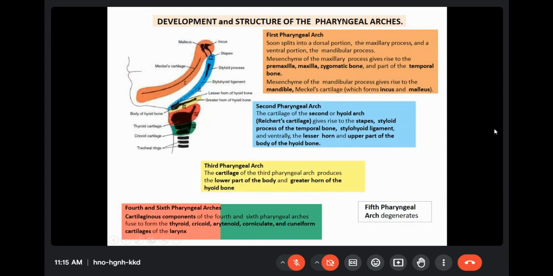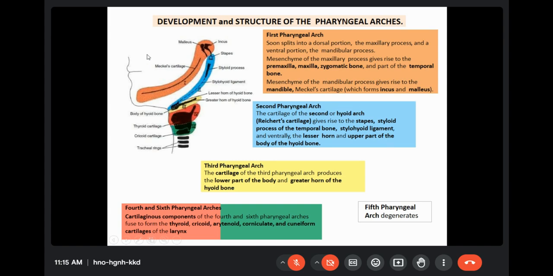Here you can see the structures which will develop from the pharyngeal arches. So first pharyngeal arch will split into the dorsal portion, the maxillary process, and the ventral portion, mandibular process. Mesenchyme of the maxillary process will give rise to the premaxilla and maxilla, not shown in this picture, but it should locate here in the upper jaw of the embryo.